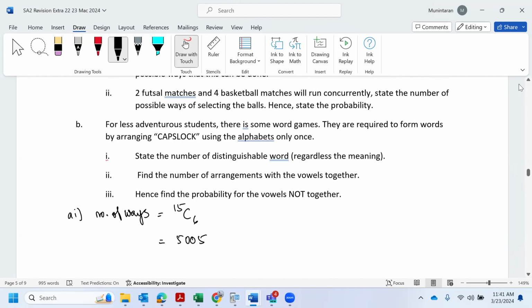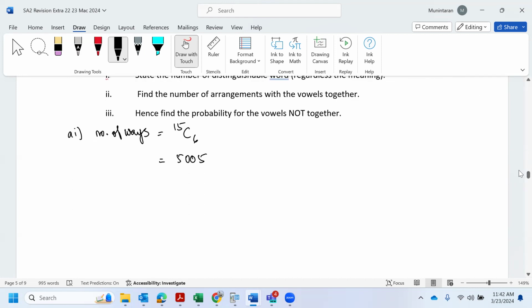We have 2 futsal matches and 4 basketball matches that will run concurrently. State the number of possible ways of selecting the balls and find the probability. Of course, we use futsal balls and basketballs.